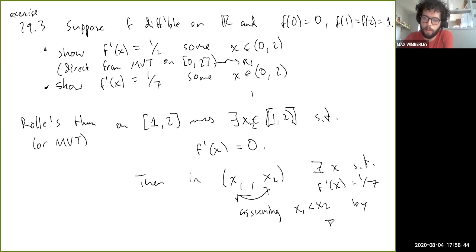That's by the intermediate value theorem for derivatives.